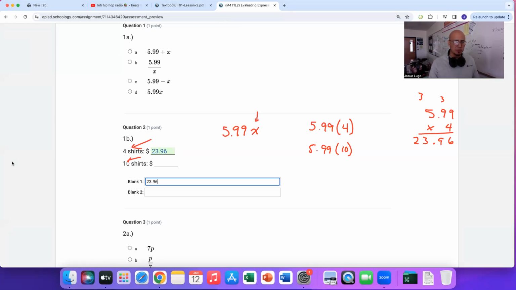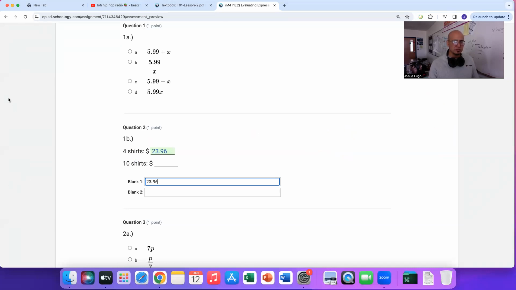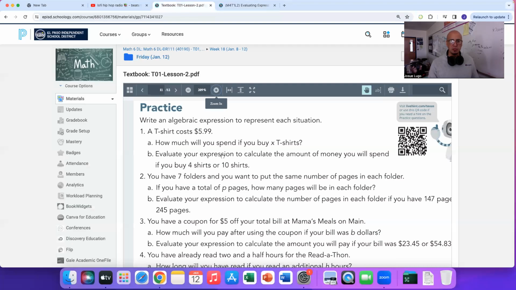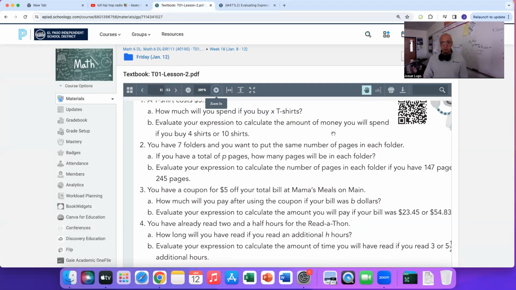Let's do another example. Okay, let's move on to number 2A. Number 2A says you have 7 folders and you want to put the same number of pages in each folder. So again, we have 7 folders and we want the same number of pages in each folder.